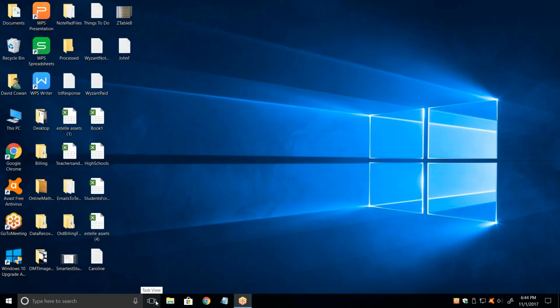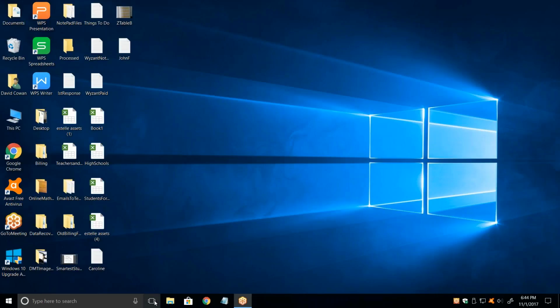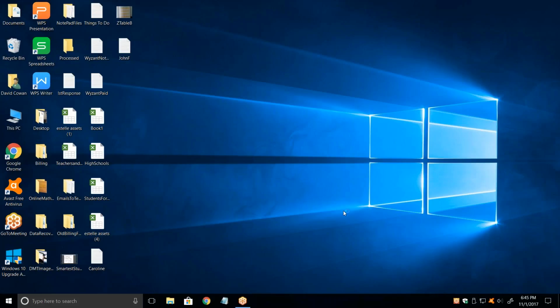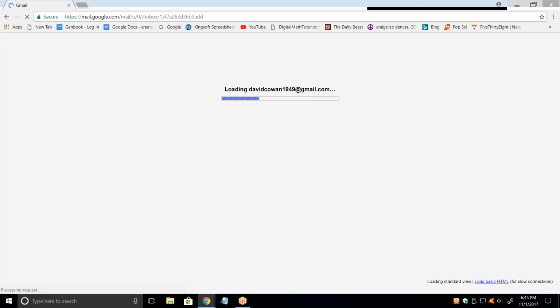Now I got to reopen the photo. Now I closed out everything. I got to reopen my Gmail. Sorry about this, Sam. Hold on a minute. That's fine. Unless I'm going to have to reboot my computer, which it looks like I might have to. Chrome didn't shut down properly. Let's see if I can restore it. Might be one of those things where the only thing you can do is reboot it.